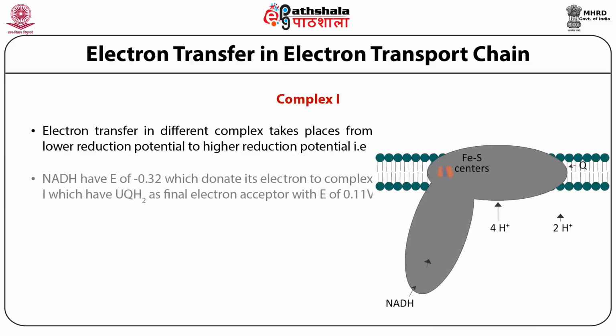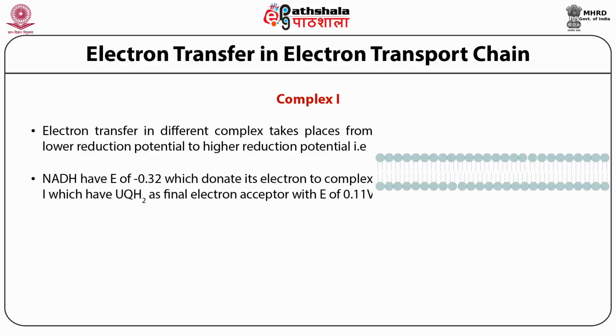Hence, NADH has a reduction potential of minus 0.32, and donates its electron to the complex first, which finally reaches the ubiquinone, which has a standard redox potential of 0.11 volt.